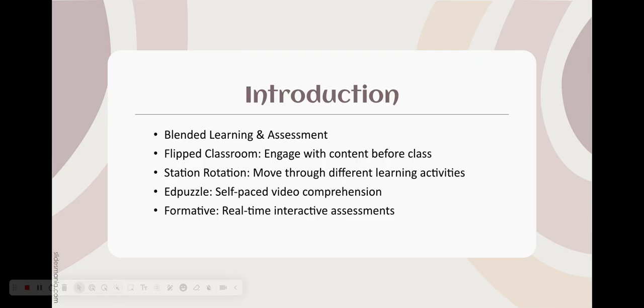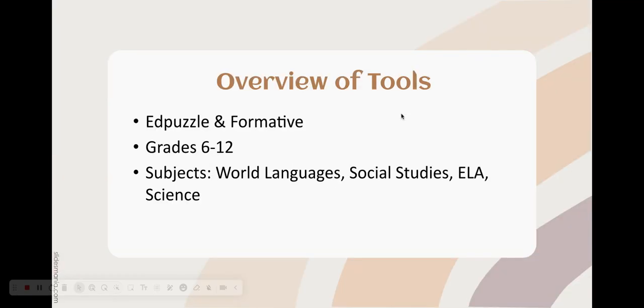Edpuzzle facilitates self-paced, video-based comprehension in a flipped learning model, while Formative allows real-time interactive assessment that fosters active student engagement and responsive learning. Both tools are used in grades 6 to 12 and are effective in subjects like world languages, social studies, ELA, science, math.